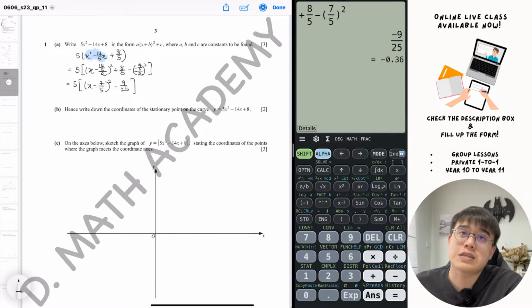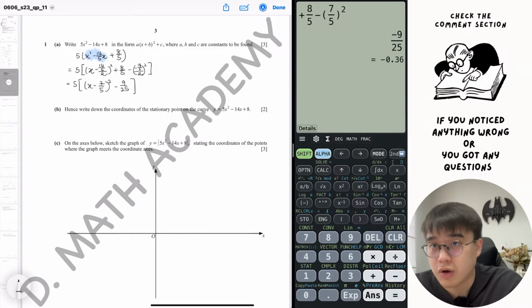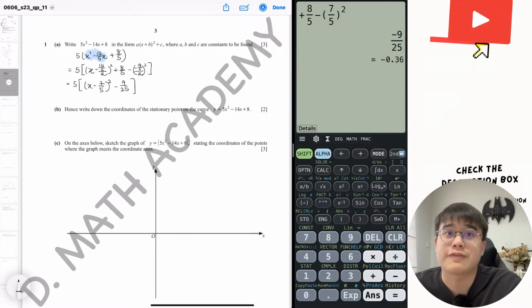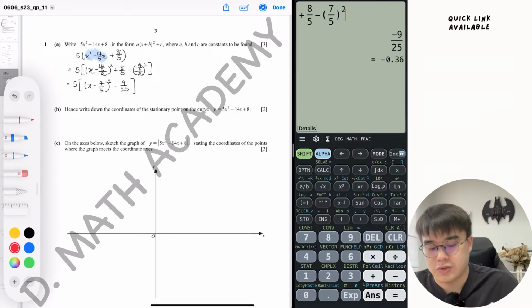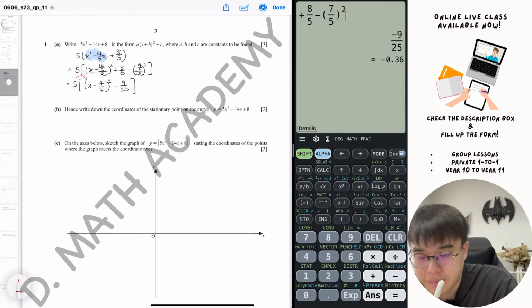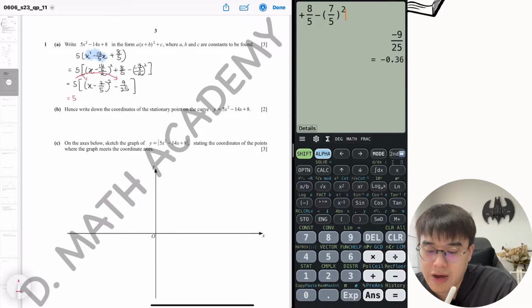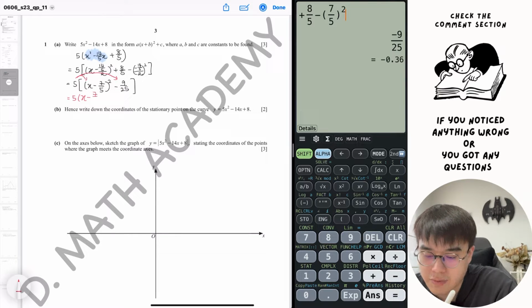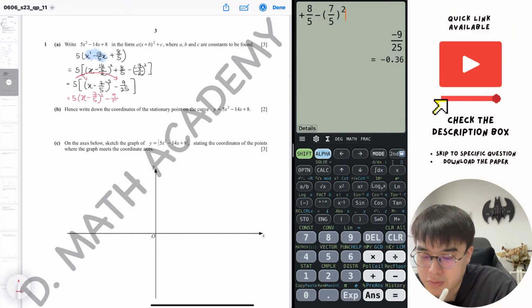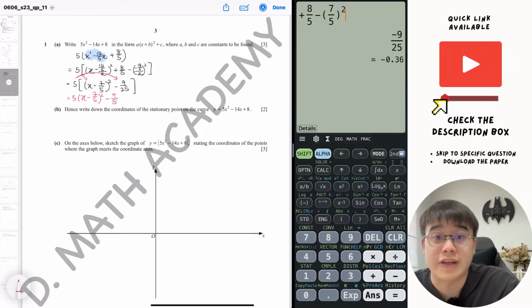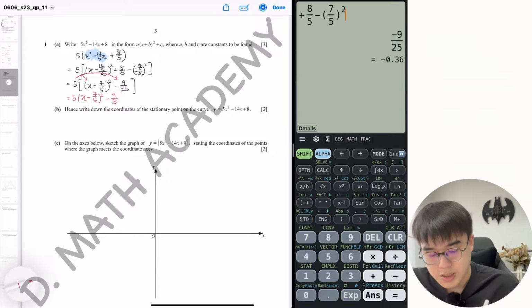Lastly, this is the part that a lot of students do wrongly, which is that you are required to multiply the 5 back into the brackets here. There are two values, so please do not overlook that. Then you will end up with 5 times (x minus 7 over 5) squared minus 9 over 5 as your final result.